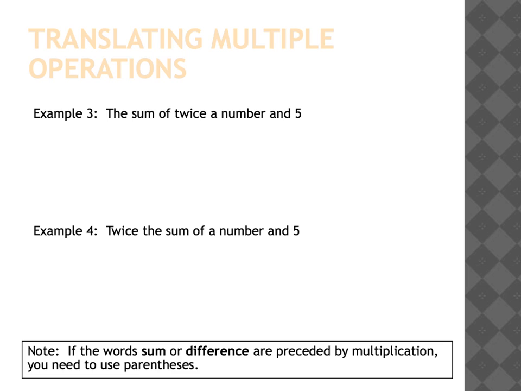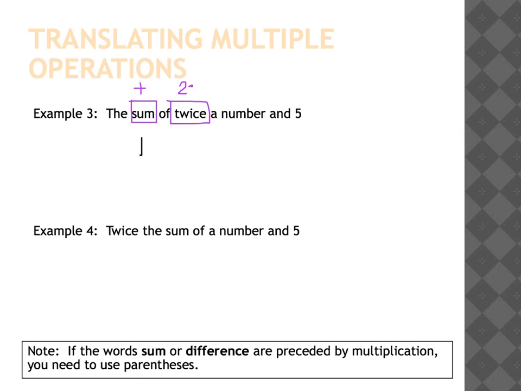Example 3 is the sum of twice a number and 5. The key words in this example are sum and twice. Sum meaning add, twice meaning 2 times. There is no than or from, and so the order is going to stay the same.